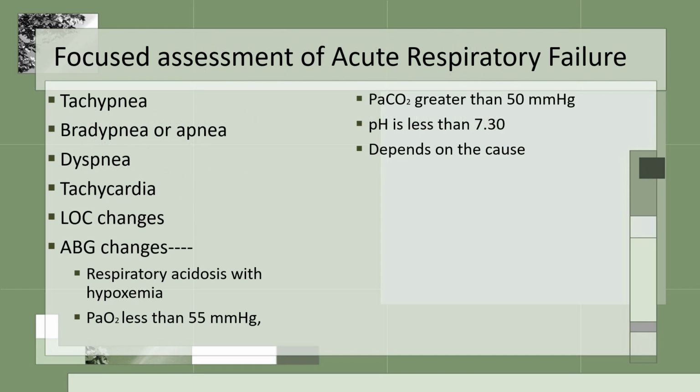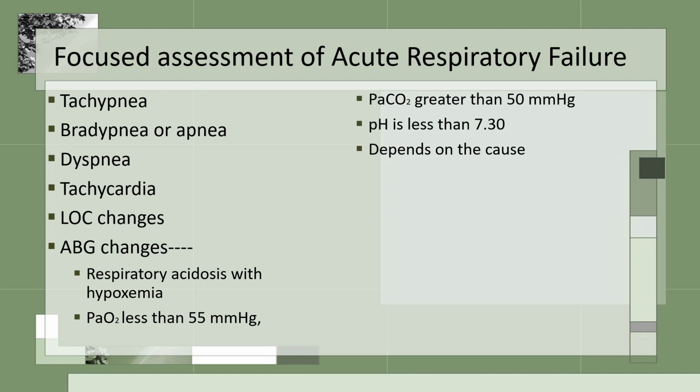For the focused assessment of acute respiratory failure, you will have tachypnea originally, and that will change to bradypnea or apnea, dyspnea, tachycardia. You're going to have LOC changes. Your ABGs will show respiratory acidosis with hypoxemia.